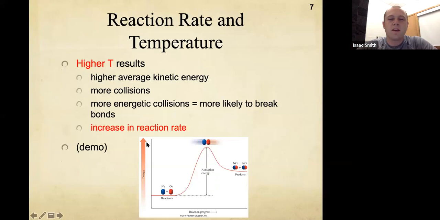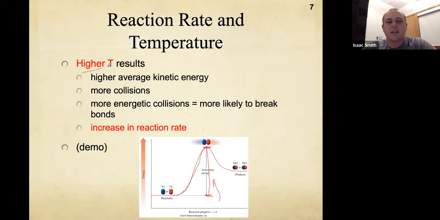Okay. The other key part of a reaction is having enough energy, right, for the molecules to collide and for the bonds to break, right? This is referred to as the activation energy. So there needs to be a certain amount of energy in a reaction in order to provide enough energy for the reaction to come up to this point.